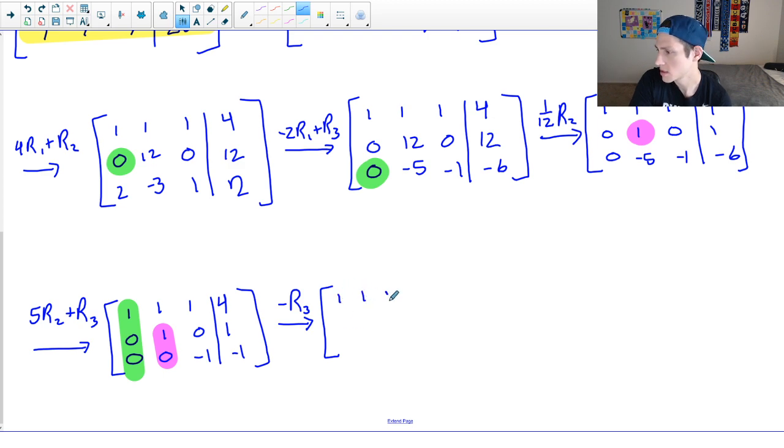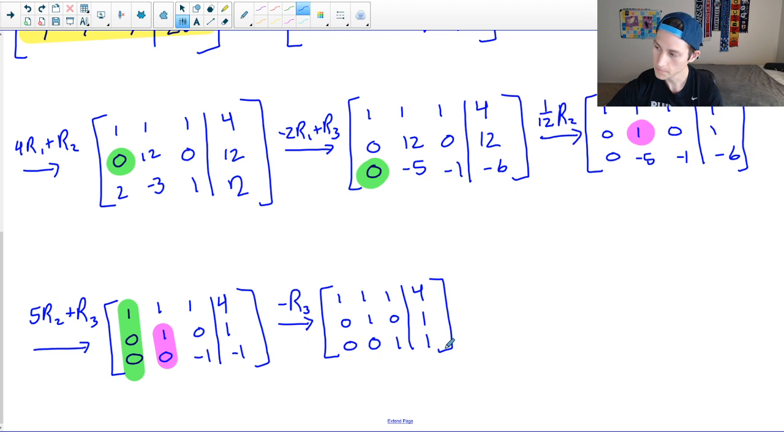So row 1 stays the same. Row 2 stays the same. Row 3, 0 times negative is 0. 0 times negative is 0. -1 times a negative is +1, and -1 times a negative is also +1.